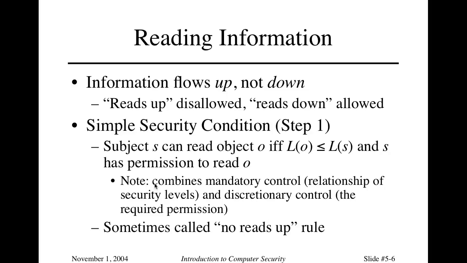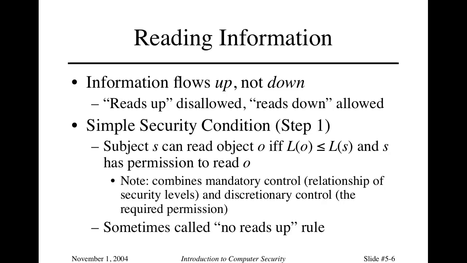Here, we actually mention discretionary access control. If two users are at the same level, theoretically, according to the no reads up rule, one person can read another person's file at the same level.